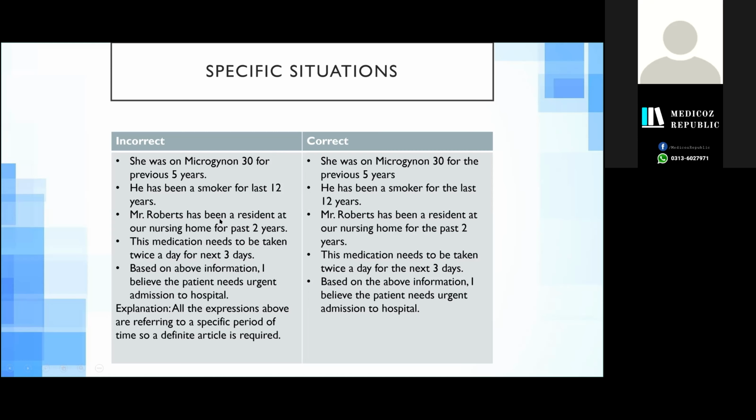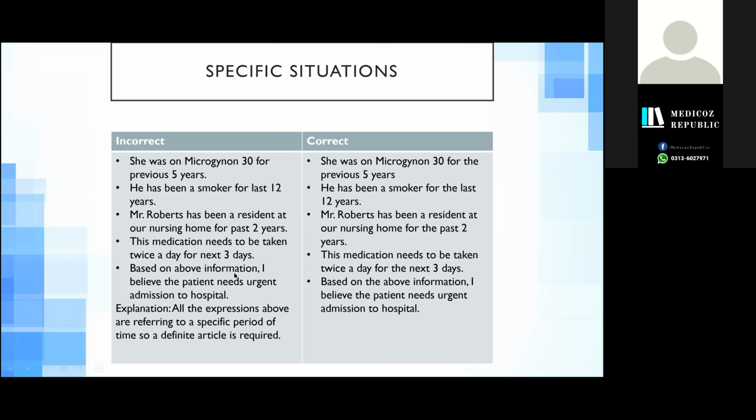Mr. Roberts has been a resident at our nursing home for past 2 years. Mr. Roberts has been a resident at our nursing home for the past 2 years. These are very specific because we are talking about the past 2 years of his life that he spent in that nursing home.